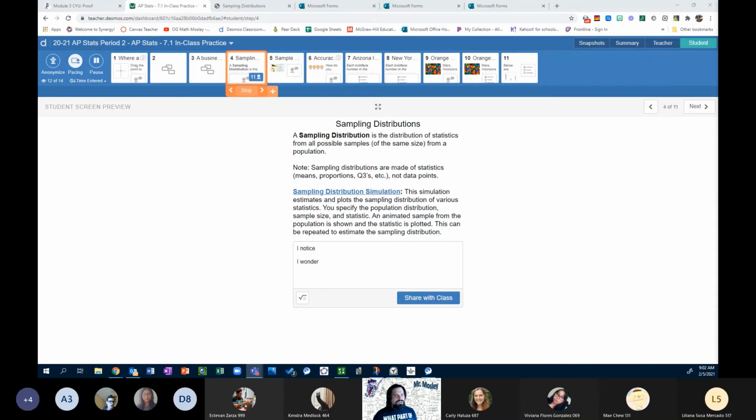I wonder how small a sampling distribution can be until it is no longer accurate. So I guess the easy answer on that is that if a sampling distribution is only based on one sample, then it's really just whatever you got from that sample, and we know that samples can vary.